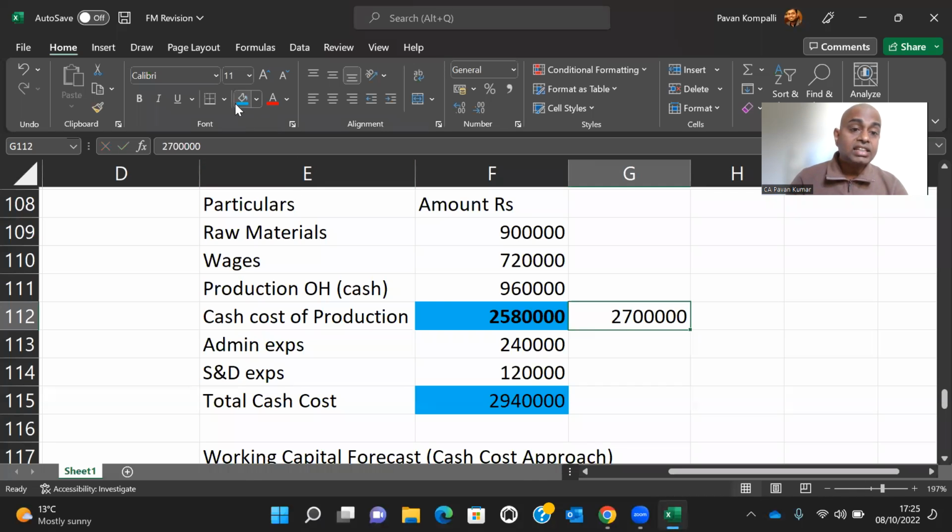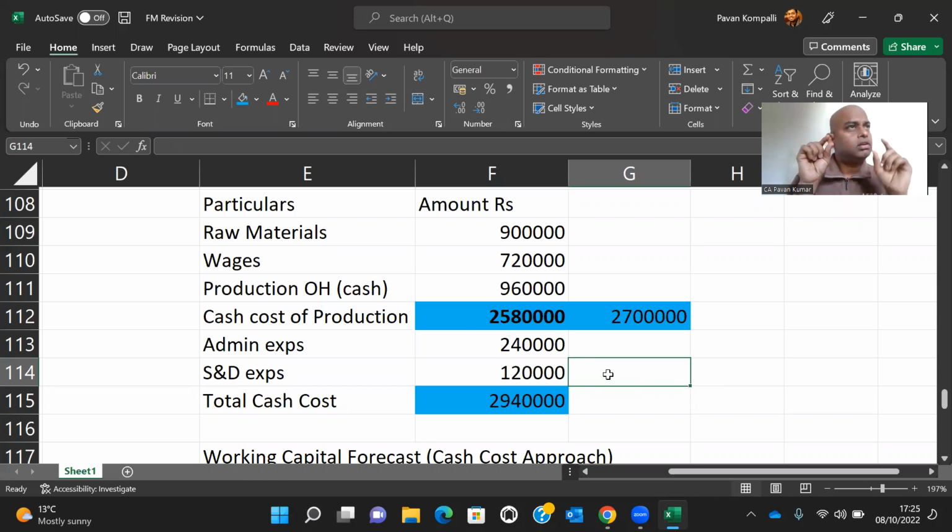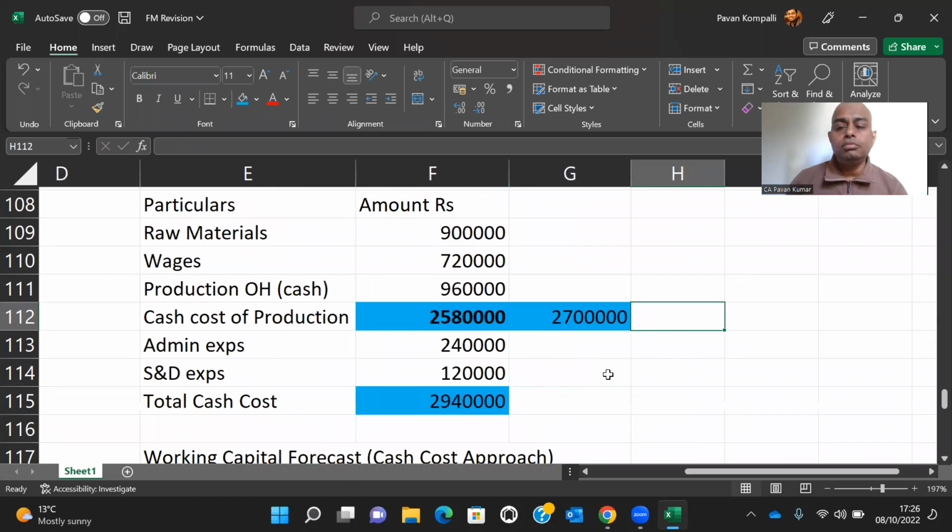So 27 lakhs is cost of production, and 25 lakh 80,000 is cash cost of production. What is the difference between these two? Depreciation. So depreciation is 1,20,000.